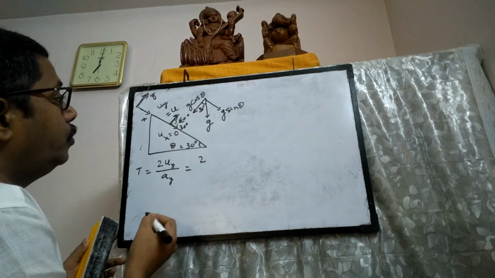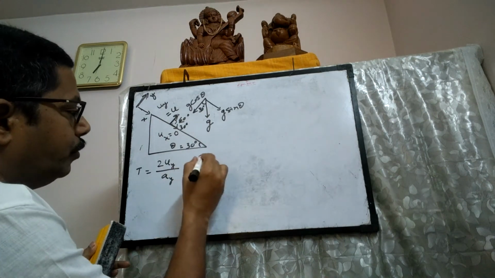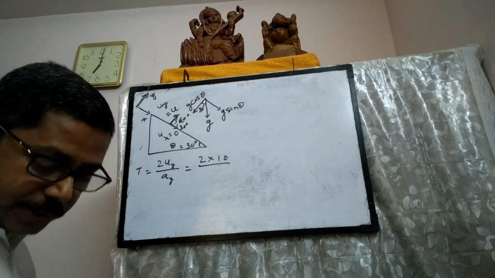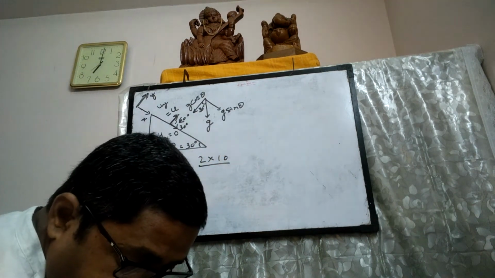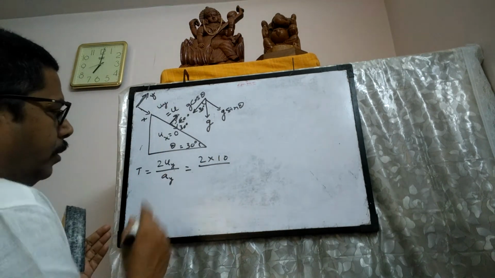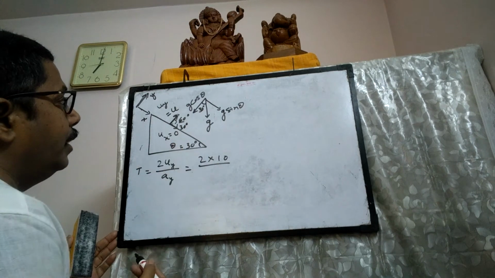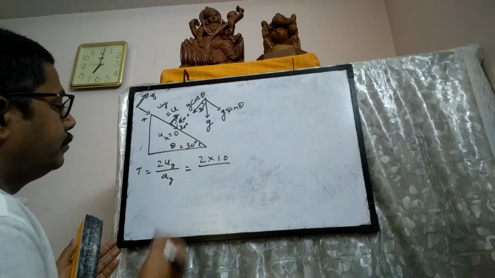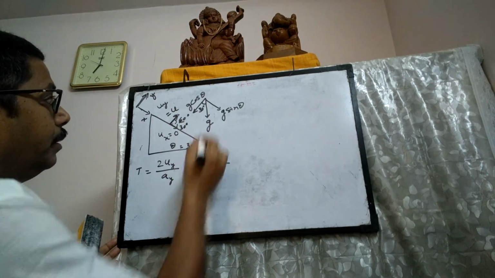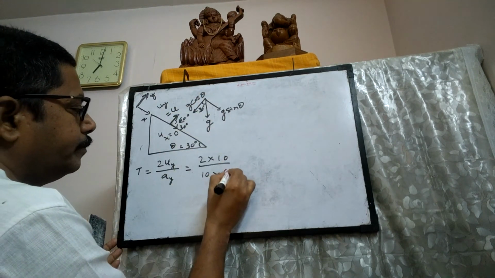So we can write 2 uy is 2u. u is given as 10 meter per second in the question, right? What is the value given? It is 10 meter per second divided by ay. What is ay? ay will be g cos 30.